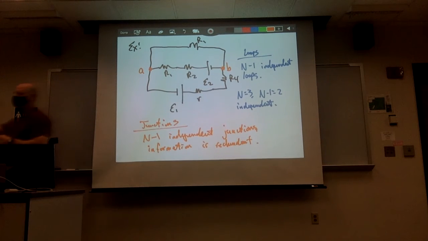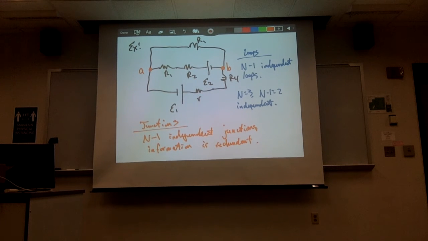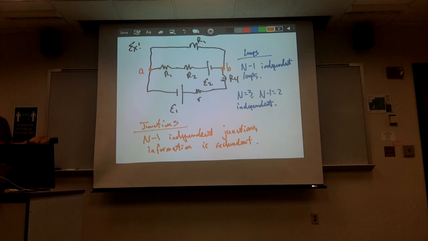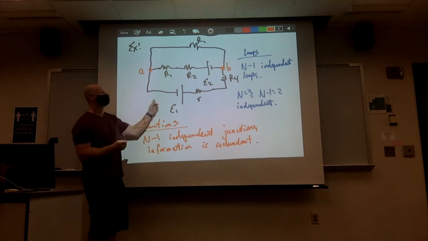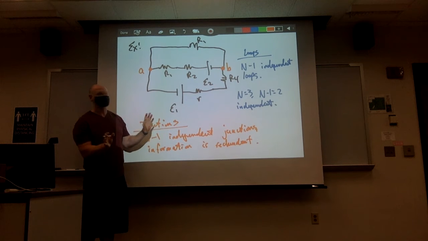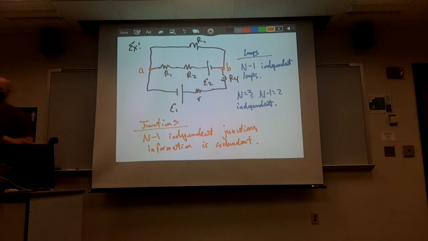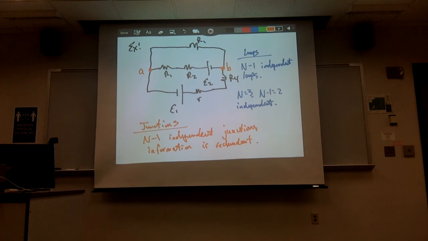Which means I now have either a choice or no choice, depending on how the direction I took those currents. But do I have to do that? Again, no. Doesn't matter. All that matters is I choose a direction, and then I have to make sure it satisfies the junction rule.